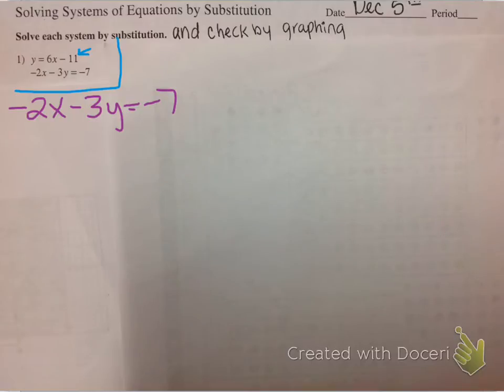And now I'm going to substitute in for y with this equation right here. So I have 2x minus 3, and instead of y, I'm substituting. It says right here that y equals 6x minus 11, so I'm going to put that in instead of the y.